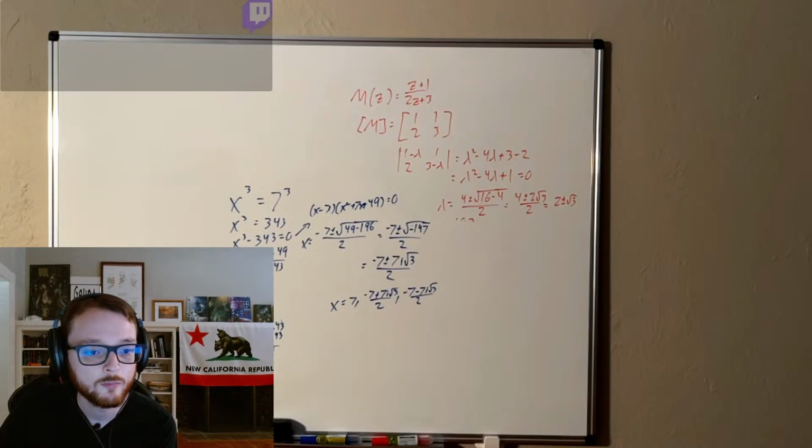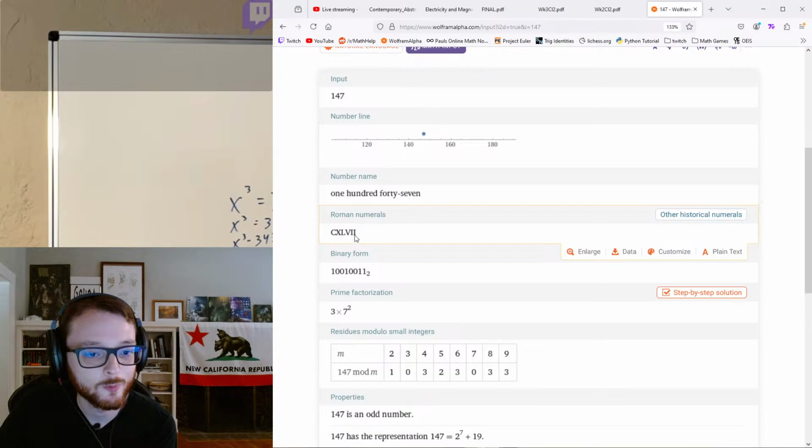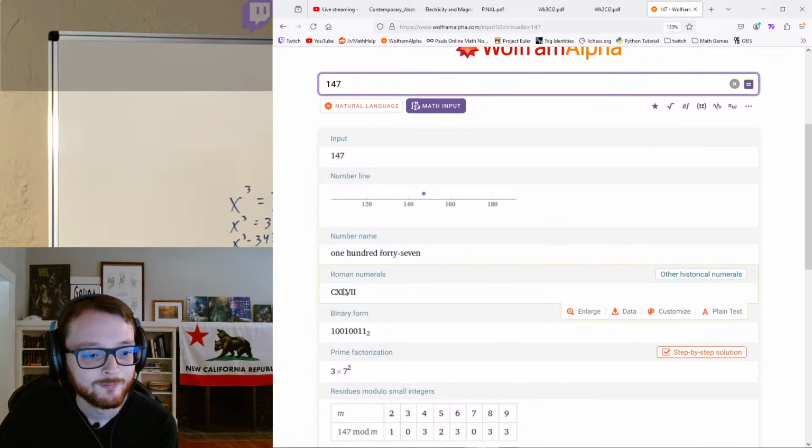In the meantime, Wolfram gives the Roman numeral representation of 147. It's kind of funny.